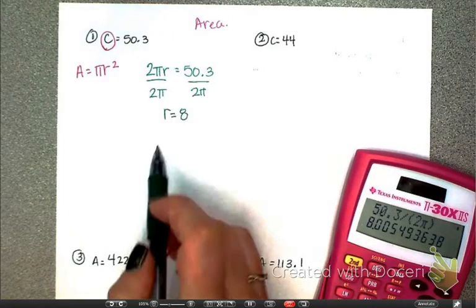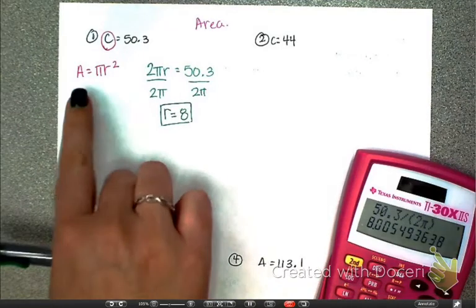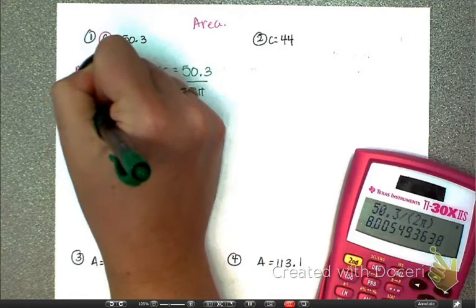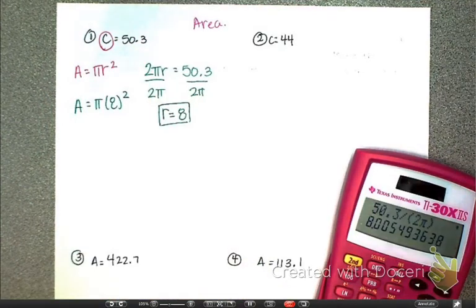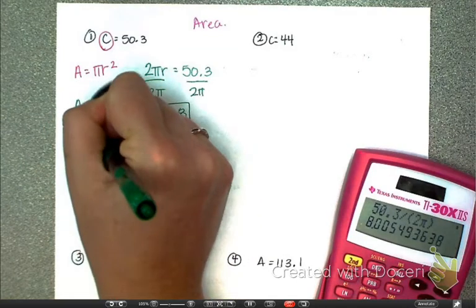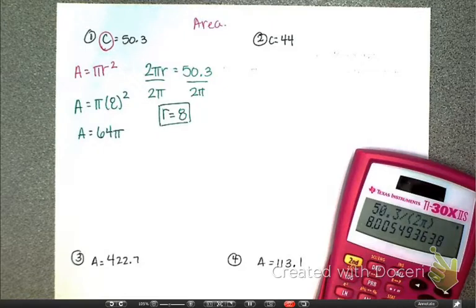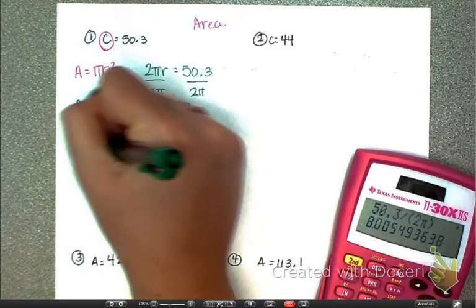Once you know what r is, you can plug it into the area formula because that's what you're looking for in the first place. So area equals pi times 8 squared. 8 squared is 64. You can leave pi in your answer, and your unit should be meters squared.